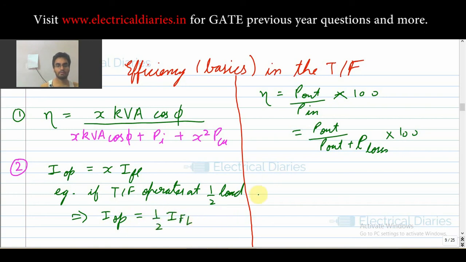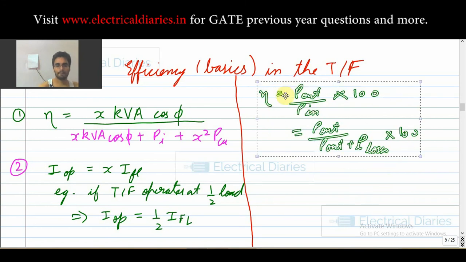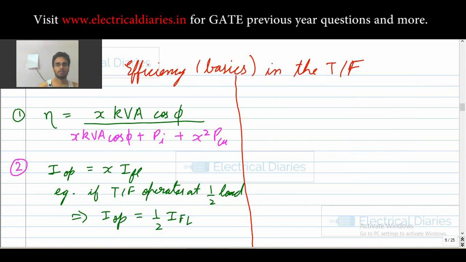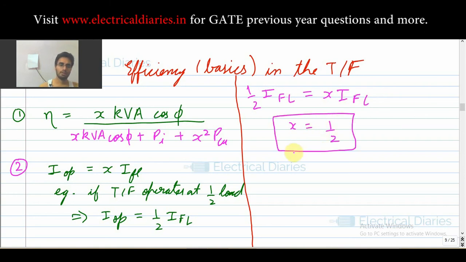Putting this in this expression, you will get your I operating as half IFL is equal to x into IFL. So your x will come out to be half. Okay, so that is what I want to say, just for example.